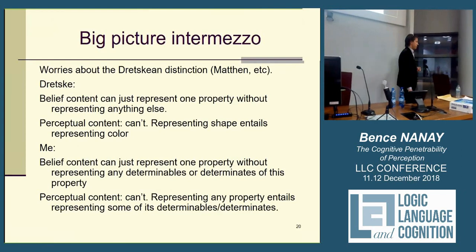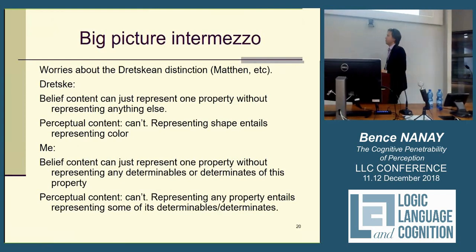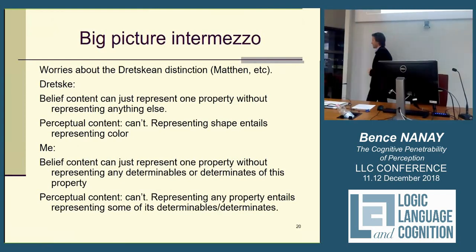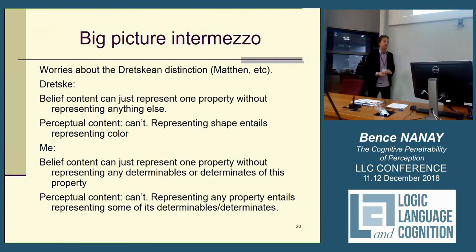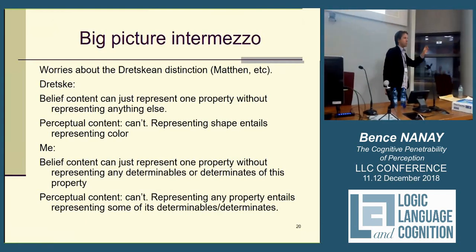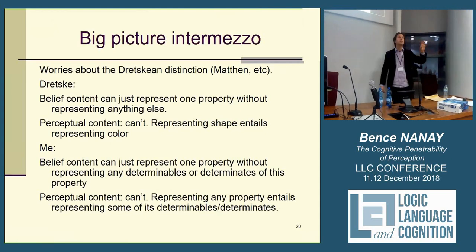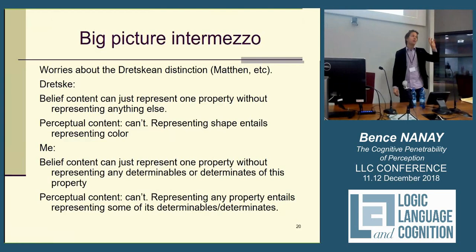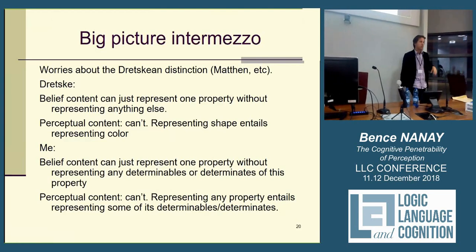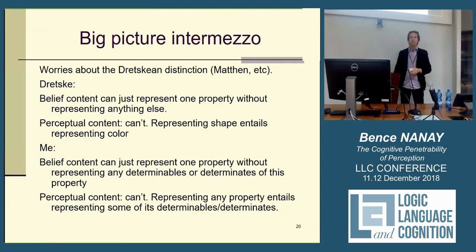So what I want to do is to give a weaker, but structurally very similar way of keeping apart perceptual states and beliefs, and that is in some ways quite similar to Dretske. The idea is that in a perceptual case, representing a property does not, as Dretske would say, entail the representation of other properties, like shape and color, but the representation of a property is going to entail the representation of its determinables and determinants of the same property. Whereas in the case of beliefs, that's just not the case.